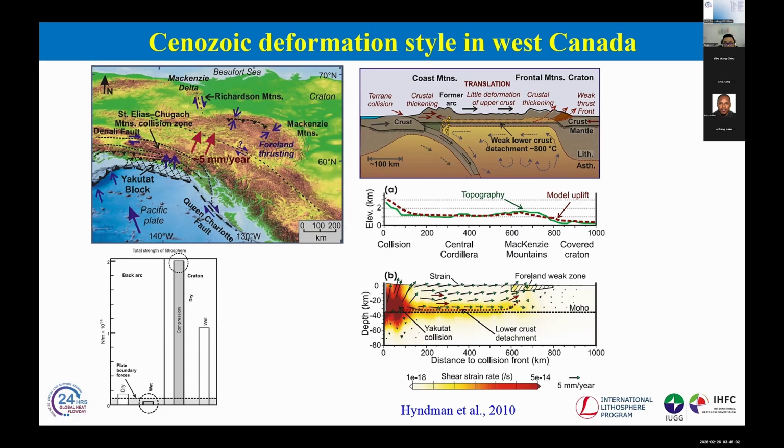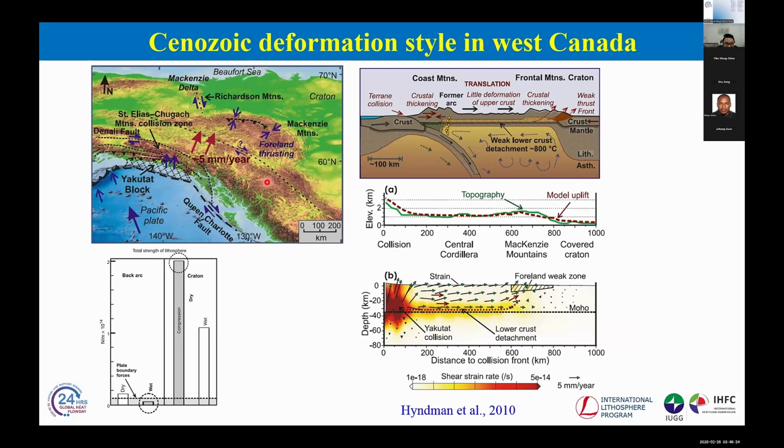This is the frontier mountains, where the crust is a little bit sinking, while the craton stays stable. So this is a different deformation style from the subduction zone to the back arc area to the inland continent, the cratons. This is the modeled strain between different areas like this one.